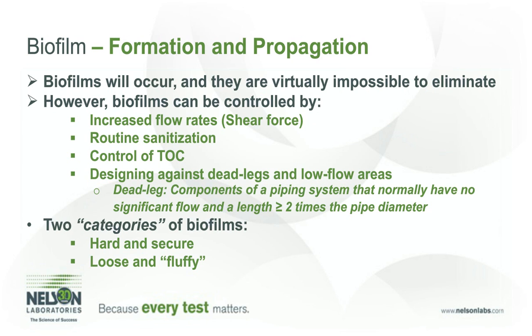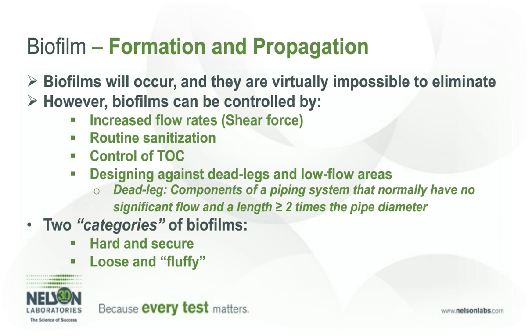However, biofilms can be controlled through design as well as proper maintenance and process controls, such as increasing the flow rates or the shear force within the pipe wall to restrict the organisms from adhering to the pipe wall, as well as routine sanitization if the system is a cold water system, control of the total organic carbon levels, as well as design. Designing against dead legs and low flow areas is key to reducing the chance and formation of a biofilm.